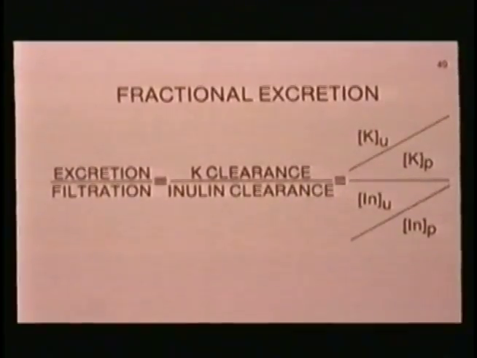The fractional excretion can also be calculated in two other ways: 1. As the ratio of potassium clearance and inulin clearance, and 2. As the ratio of urinary and plasma potassium concentrations divided by the ratio of urinary and plasma inulin concentrations.